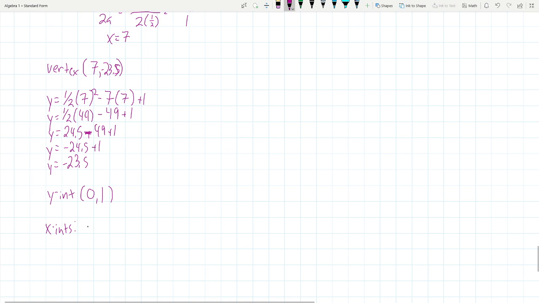So my x-intercepts, x equals the opposite of b plus or minus square root b squared minus 4ac all over 2a.